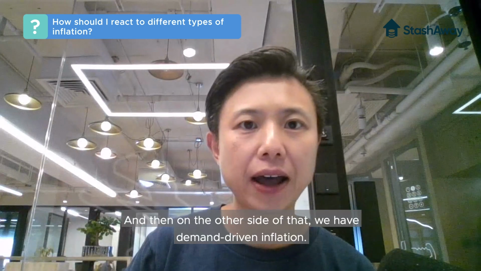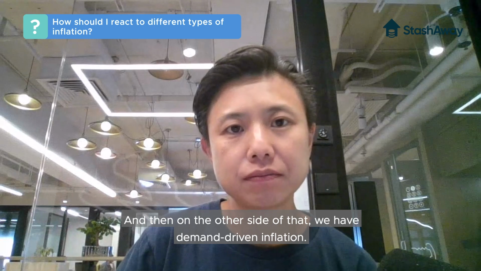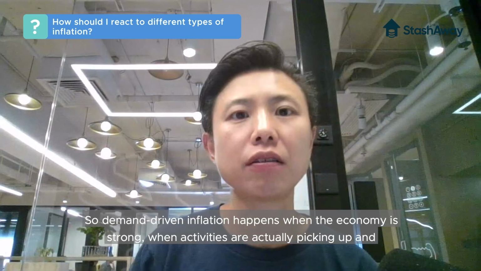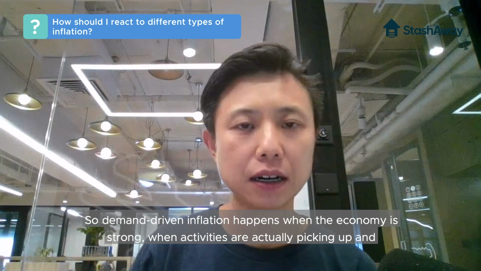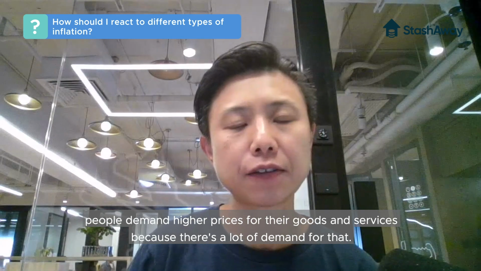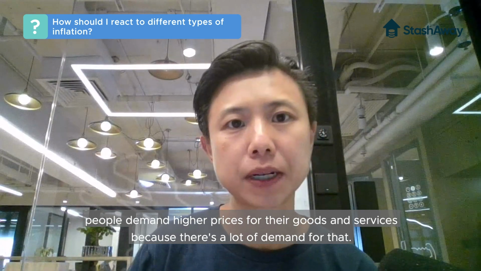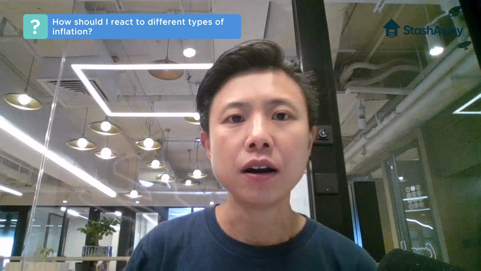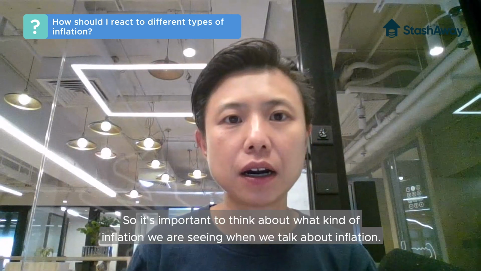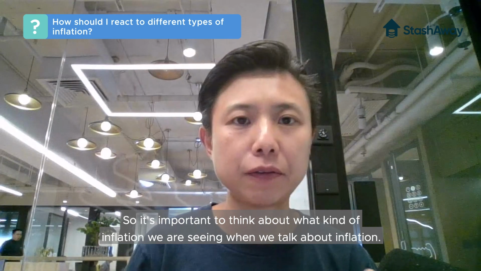And on the other side, we have demand-driven inflation. Demand-driven inflation happens when the economy is strong, right? When activities are picking up and people demand higher prices for goods and services because there's a lot of demand for them. So it's important to think about what kind of inflation we are seeing.